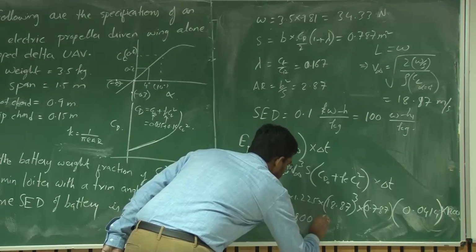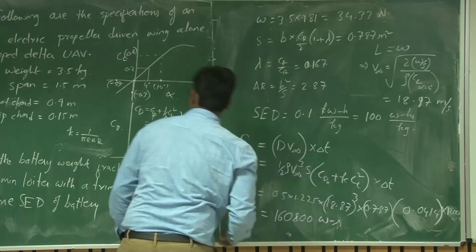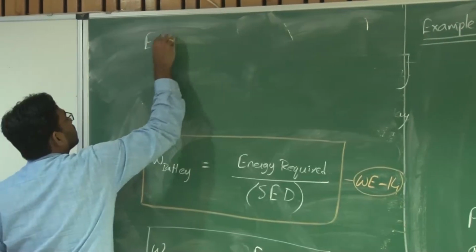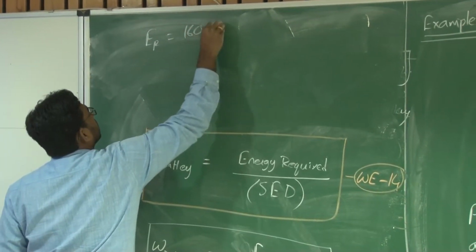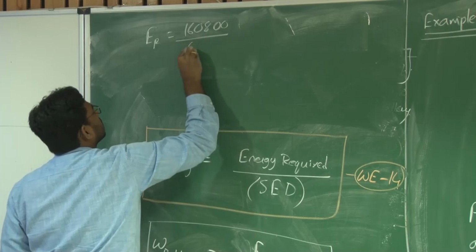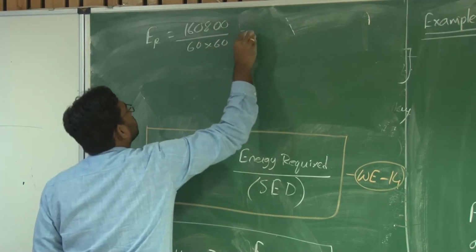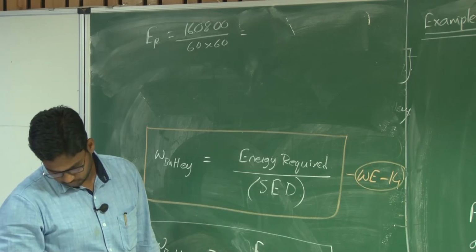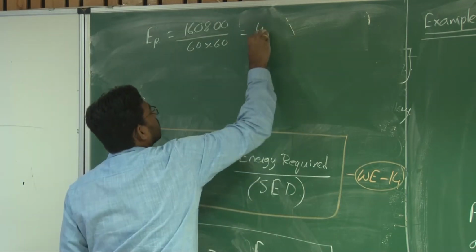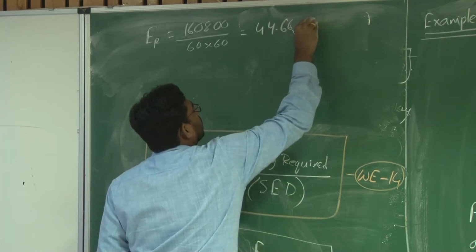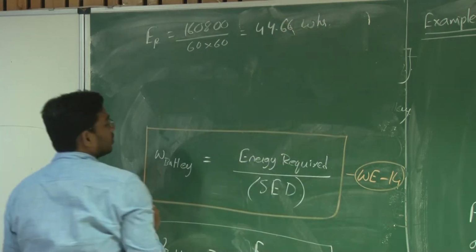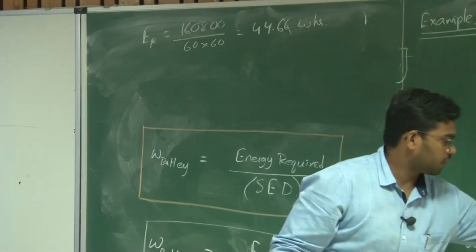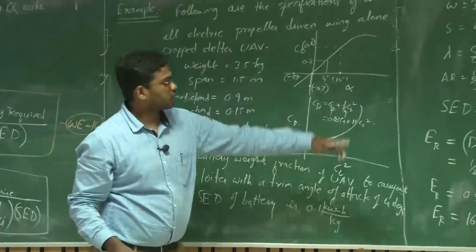Let's convert that to watt hour: 160,800 divided by 60 into 60, which becomes 44.66 watt hour. Now you know the energy required in watt hour, and you know the SED, that is 0.1 kilowatt hour, which is 100 watt hour per kg.